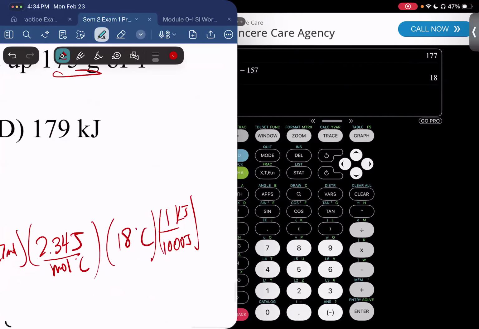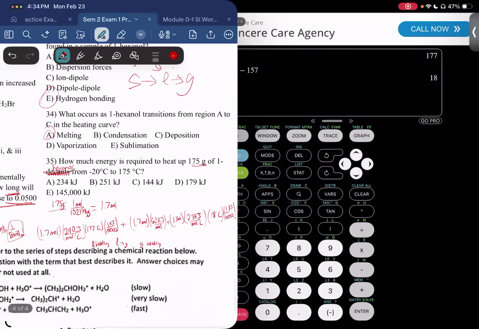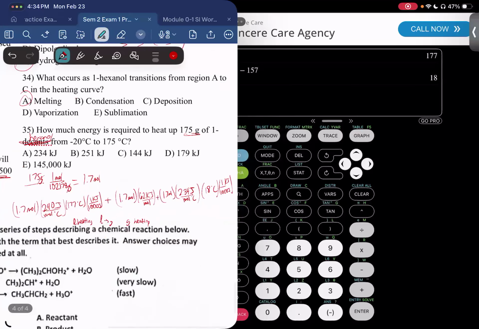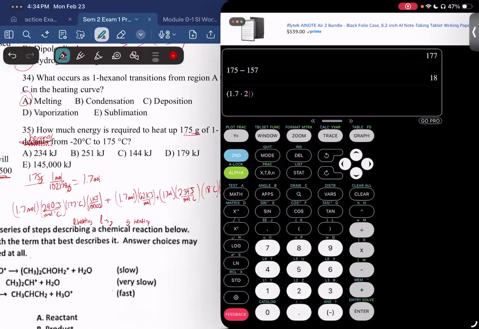So it's a lot of stuff. I don't think there's any shame if you do this in multiple steps in the calculator. So let's do that: 1.7, or it doesn't matter if we use the actual one, 240 times 177 times 1 divided by 1,000.